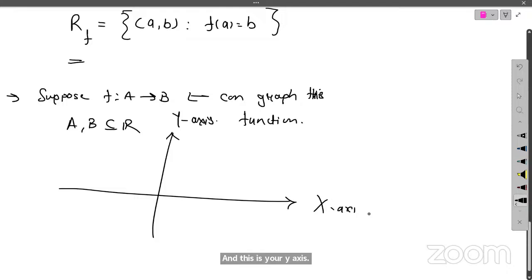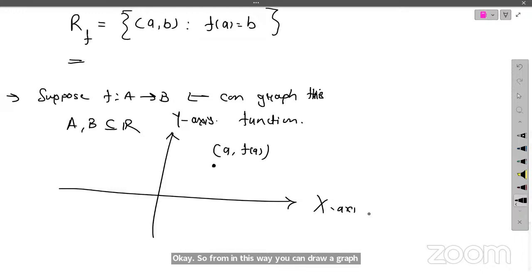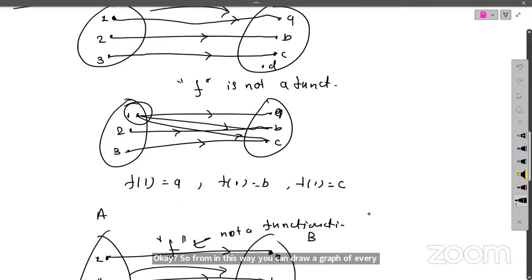Then you can mark a point where the function takes a as an input and f of a as your output. In this way you can draw a graph of every function. That's why we say that a function can be represented by either its expression or its graph. So this is a basic definition of function.